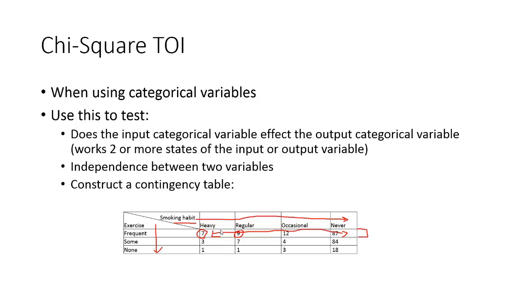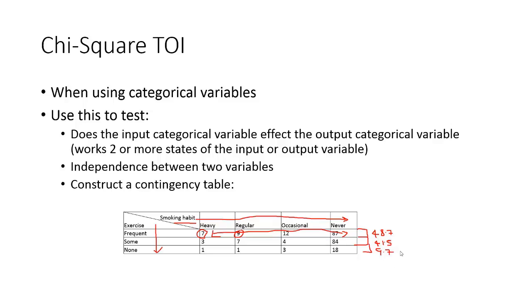The number for this category is 41.5, and for this one it would be the remaining, which is about 9.7%.